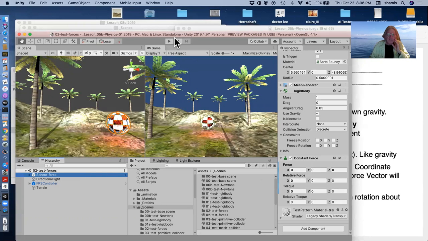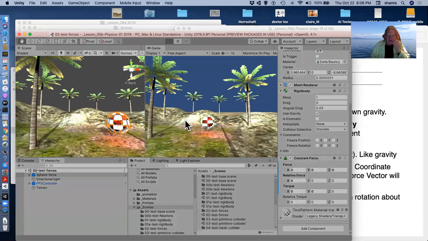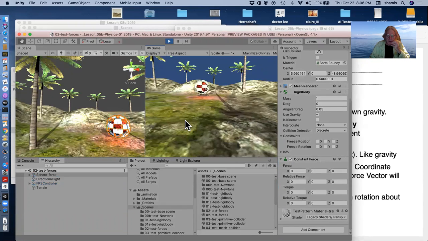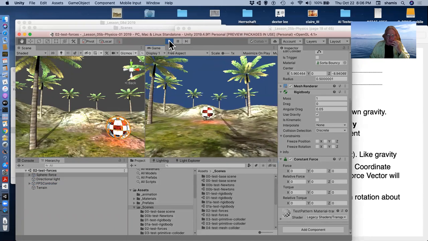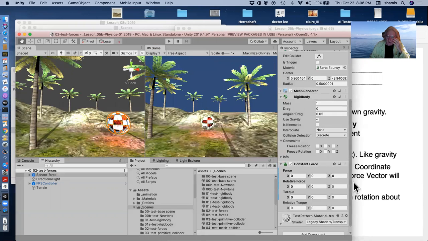So if I play this just as it is, the ball falls and bounces on the ground, and that's all there is to it. But with a mass of 1 and a gravity acceleration of minus 9.81 and my F equals ma, if I make this 9.81, I should be applying a force that exactly will balance gravity.